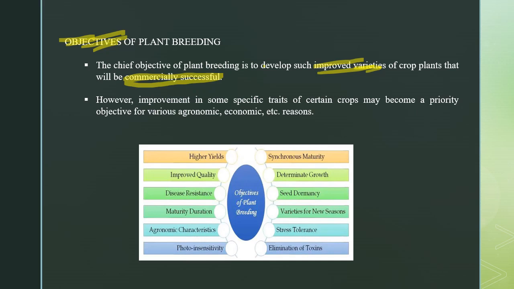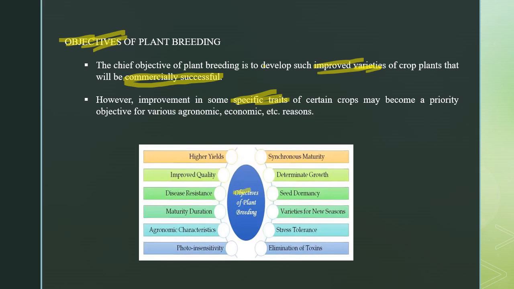However, we also go for specific trait improvements in specific crops, like in rice the milling quality, in wheat the baking quality, etc. These are also objectives for various agronomic, economic, etc. reasons.